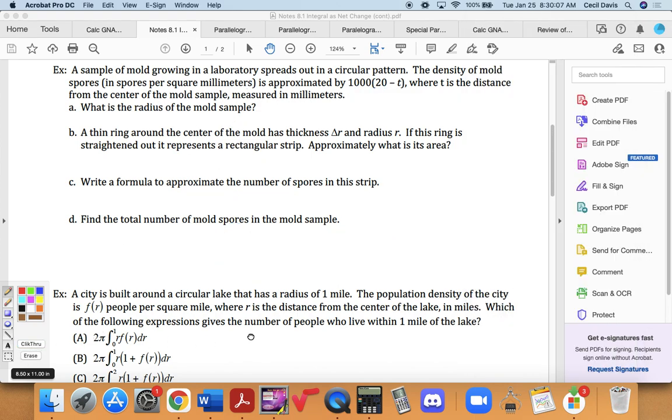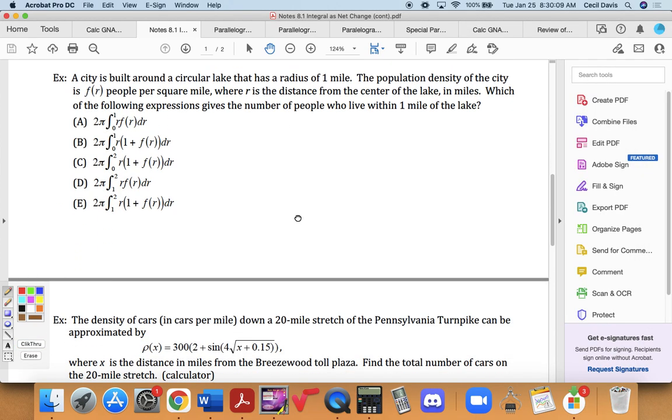All right, moving on. This is, if I recall correctly, an old AP problem. A city is built around a circular lake that has a radius of 1 mile. The population density of the city is F of R, people per square mile, where R is the distance from the center of the lake in miles.